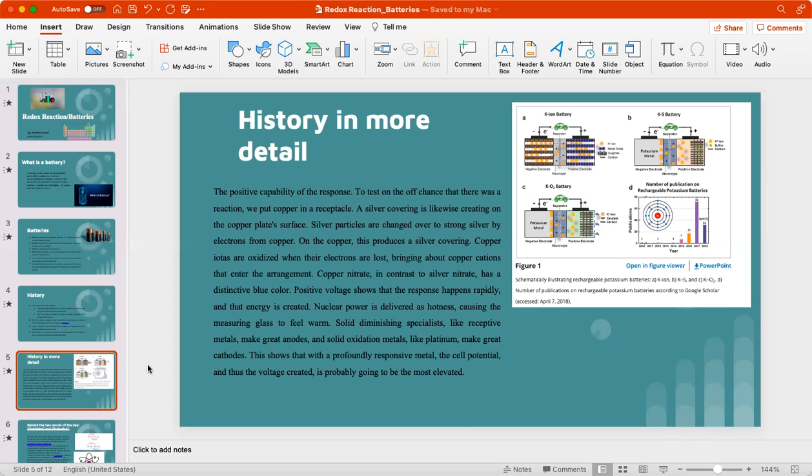Strong reducing metals like reactive metals make great anodes, and strong oxidizing metals like platinum make cathodes. This shows that with highly reactive metals, the cell potential and the voltage created are higher.